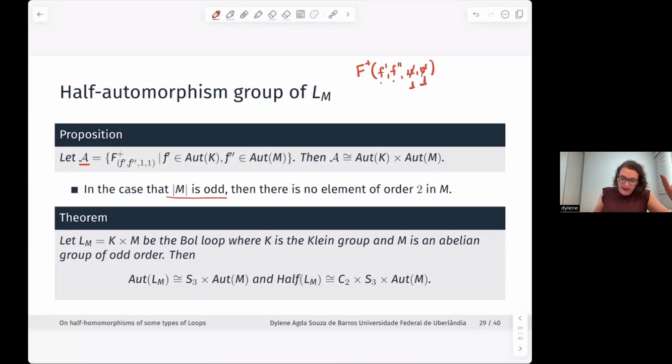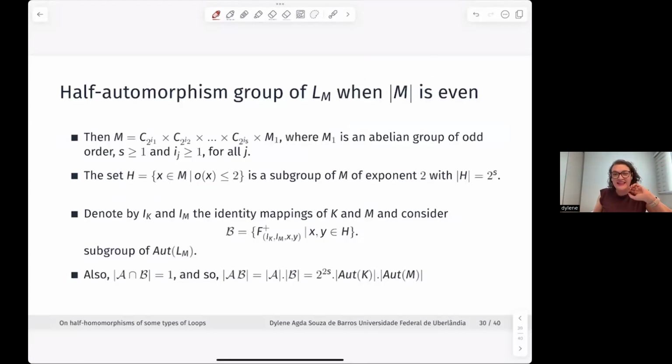In the case that M has even order, it's a little bit more complicated, but not so much. We decompose M as a product of cyclic groups and M1, where M1 is an abelian group of odd order, okay?